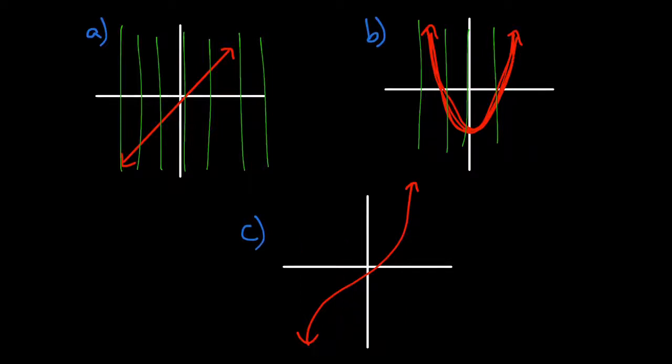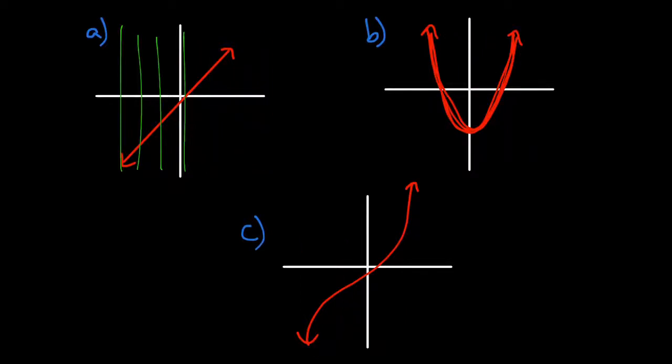The horizontal line test is going to determine whether the inverse would be a function, so if the inverse also has one output for every input. One interesting thing about inverse functions is that they are reflections over the line y equals x.